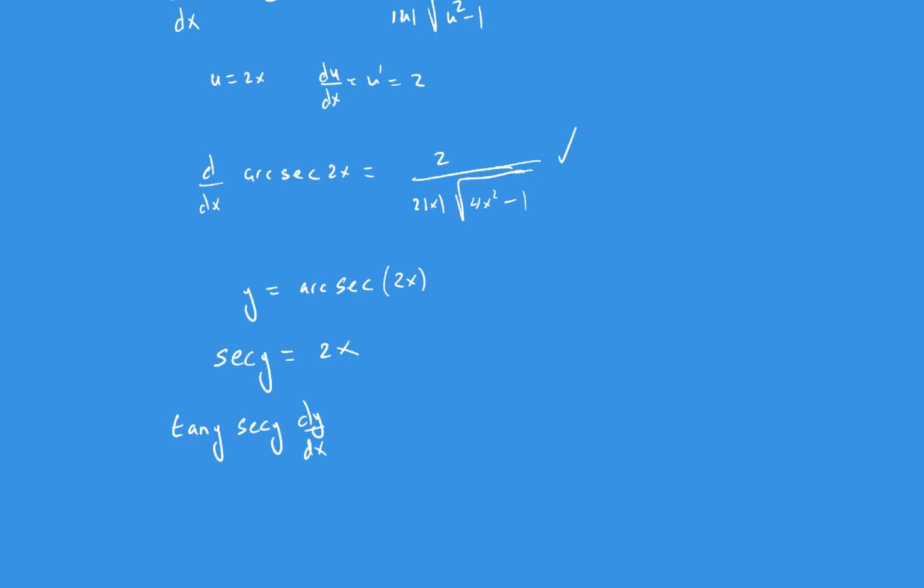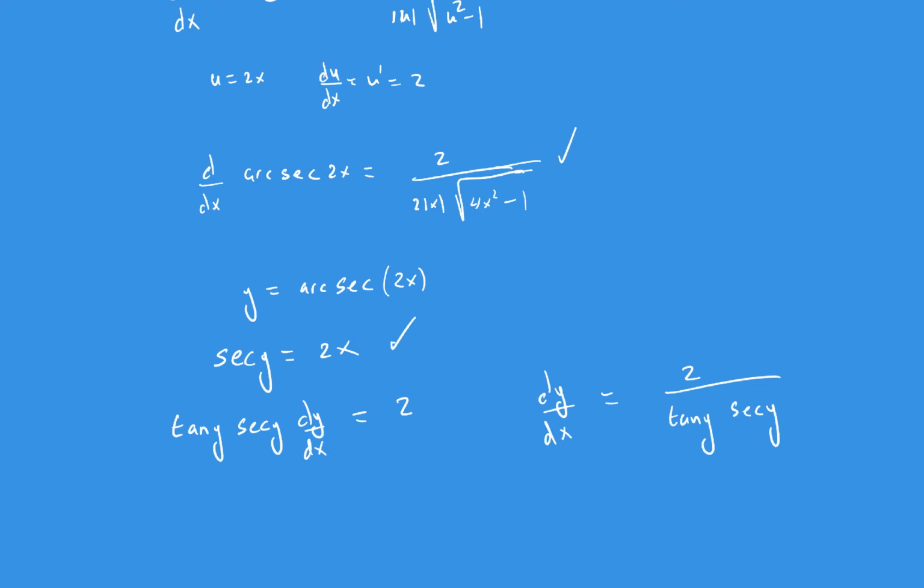You can check that the derivative of secant is tangent secant. I think that you remember this. And the derivative with respect to x of the right side of this equation is 2. So the derivative of y with respect to x is 2 divided by tangent y secant y.